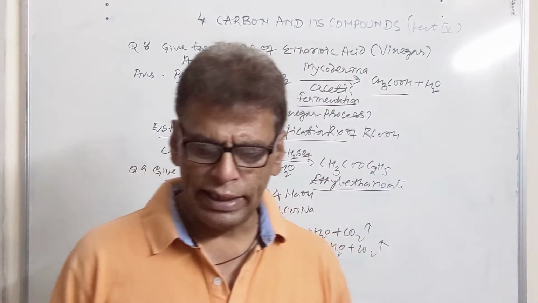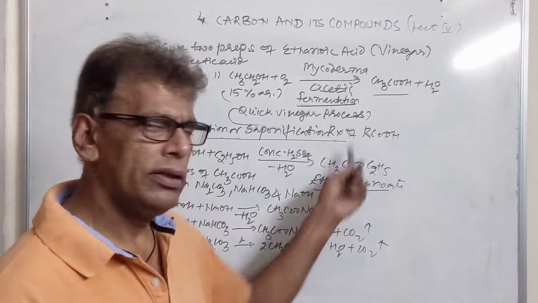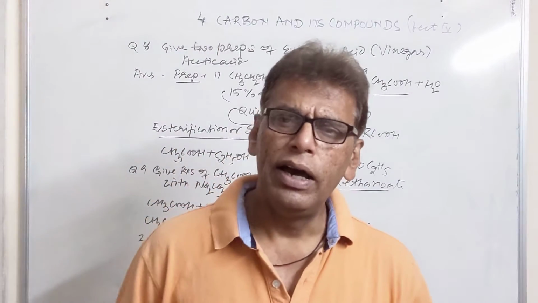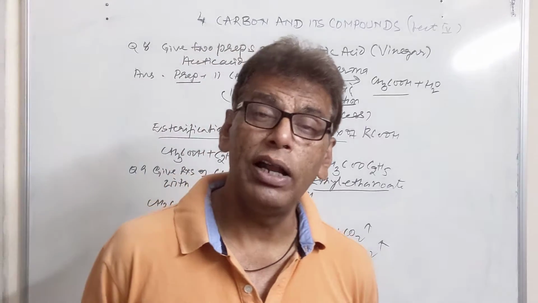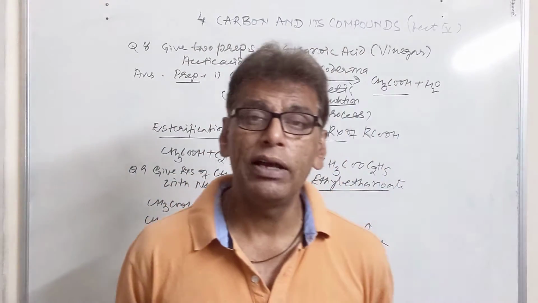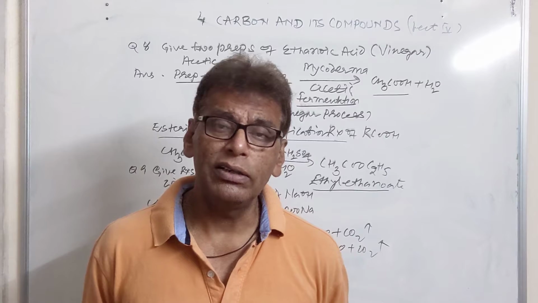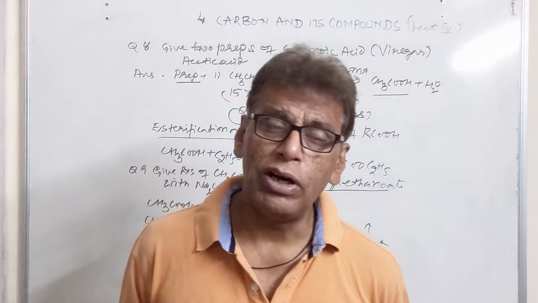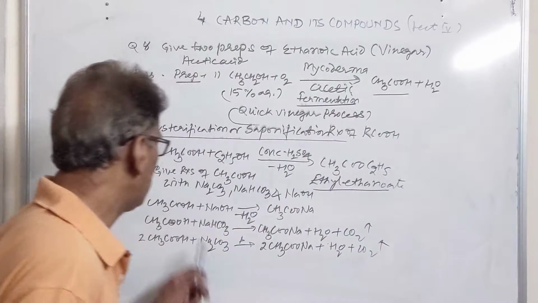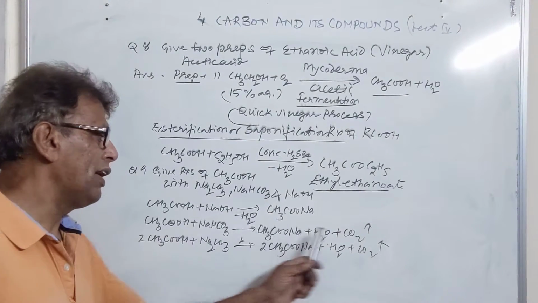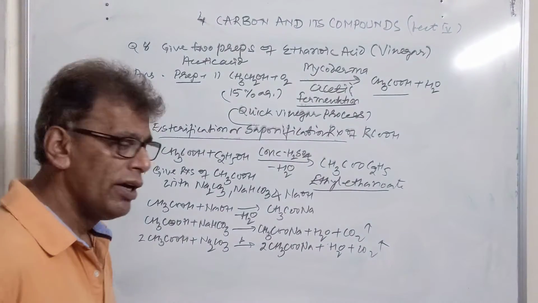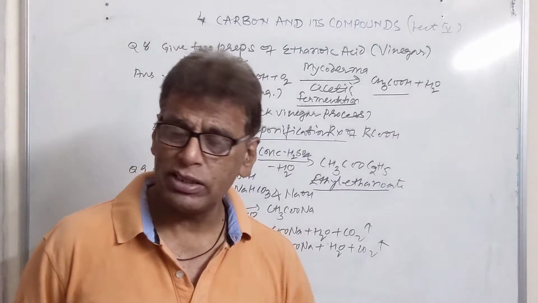Now this carbon dioxide is passed through a solution containing lime water. When CO2 is passed through the lime water, it becomes milky. So the milkiness of the lime water confirms that during the reaction between carboxylic acid and sodium carbonate or sodium bicarbonate, carbon dioxide gas is produced, with brisk effervescence.